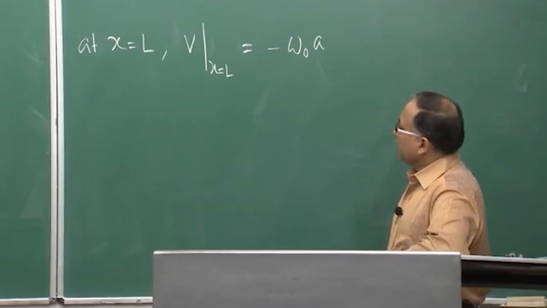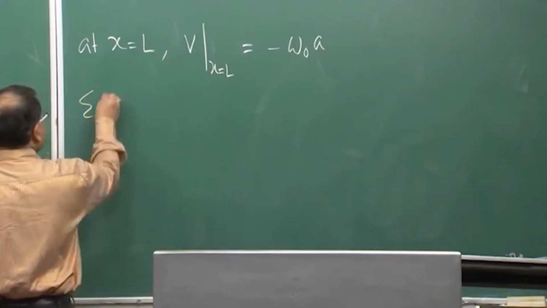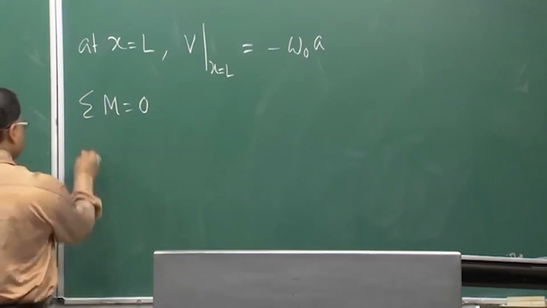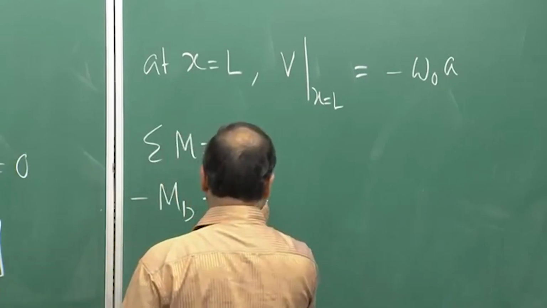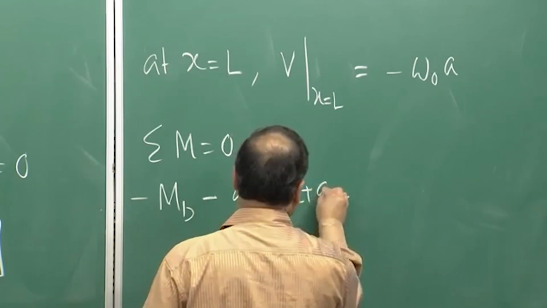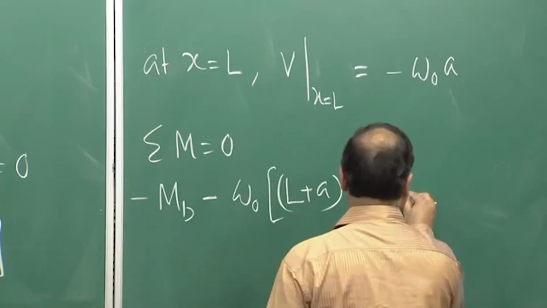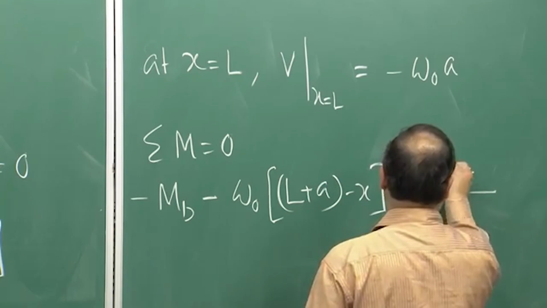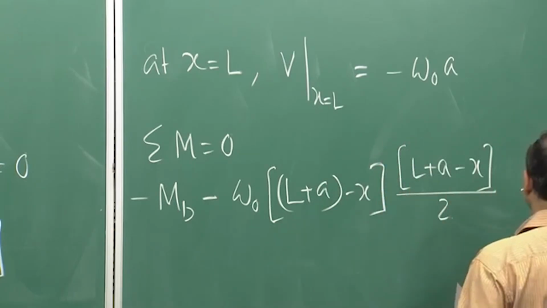Now, we will be considering the moment equilibrium. If you consider that, minus MB minus W naught (L plus A minus x) into (L plus A minus x) by 2 is equal to 0.